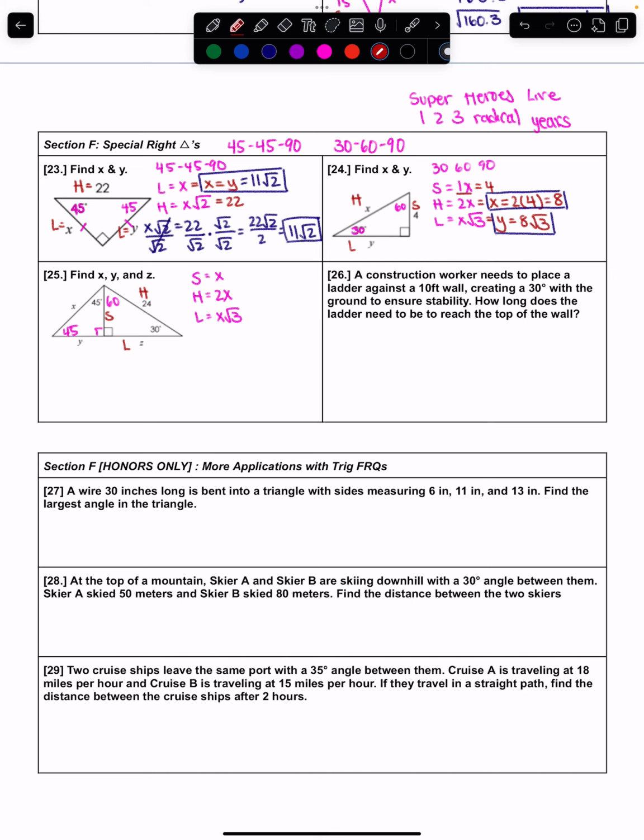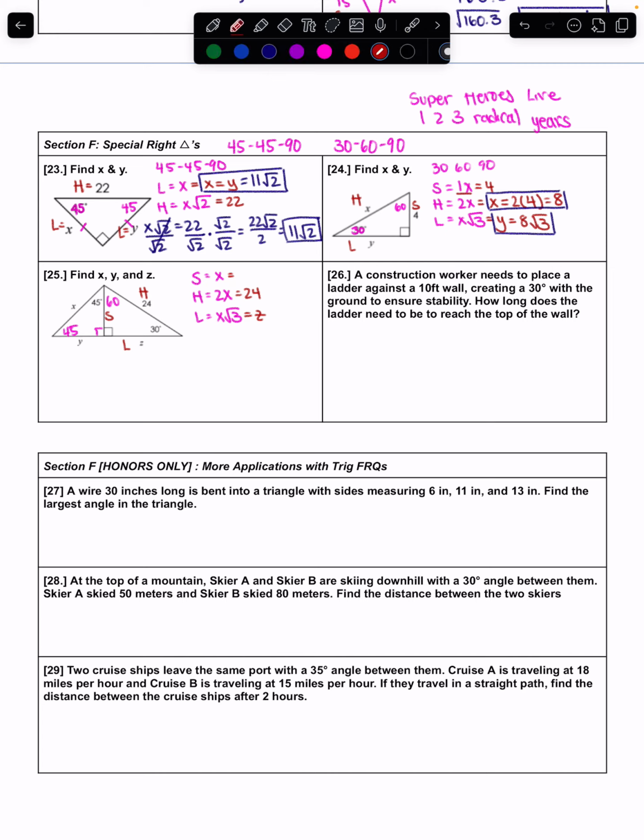So now I have everything I need, right? We don't necessarily know what my short leg is, so I'm just going to leave it blank. But we do know the hypotenuse is 24. And then our long leg, again, we don't know, but they labeled it as Z. So we're going to just mark it as Z. In this case, we only know that 24 is this 2x. In order to find x, we just divide 24 by 2.